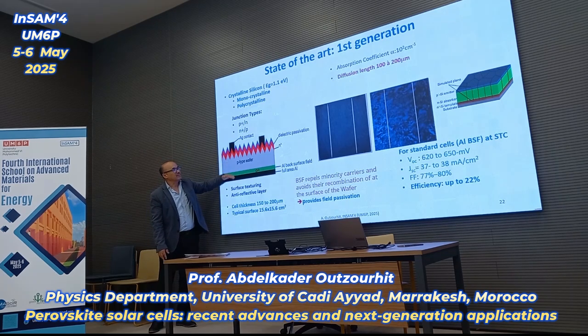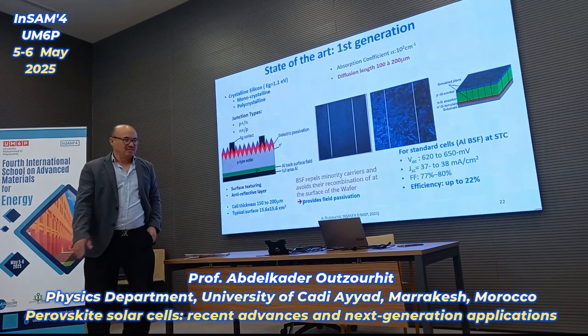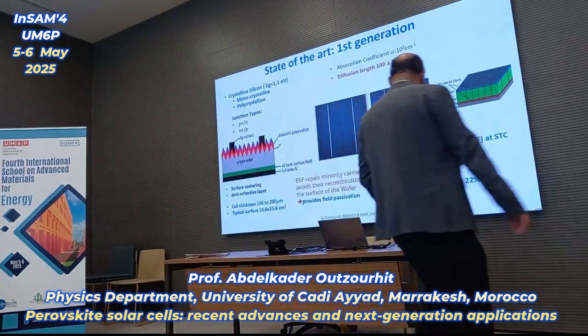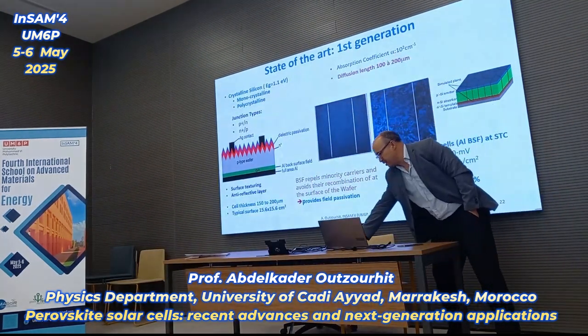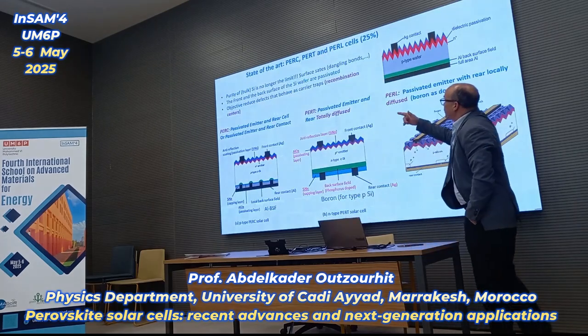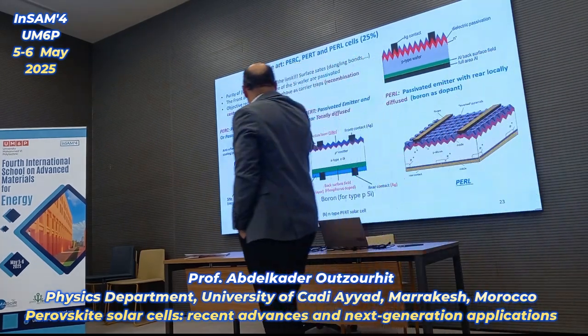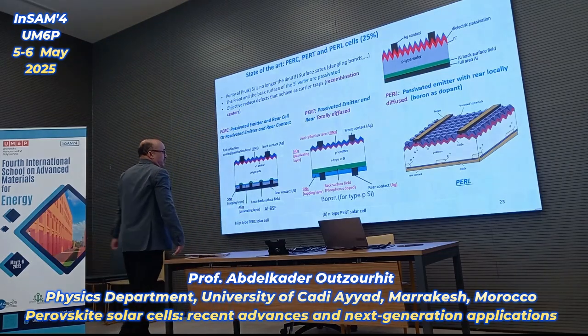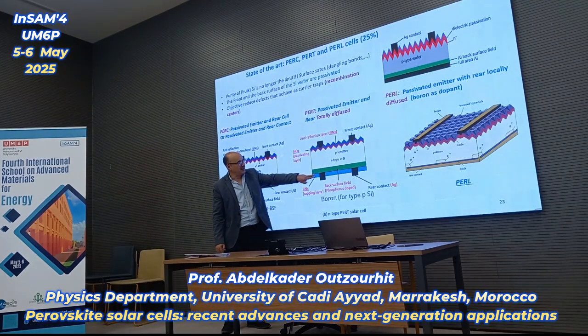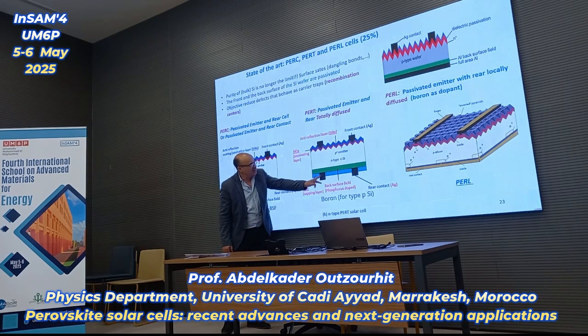So the next generation technologies of silicon will try to passivate the surfaces. I'm not going to explain it in detail, but you can see the techniques here, the TOPCon that Professor Wahidi talked about, and the PERC technique. You have what we call a silicon nitride capping, a passivating layer, and then you have localized contacts.